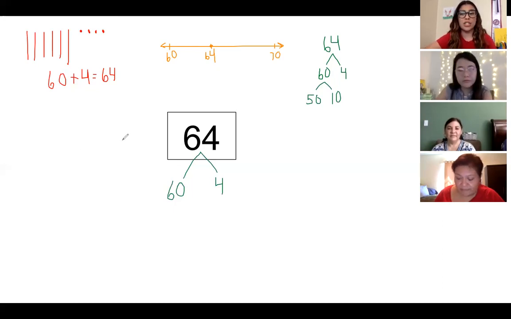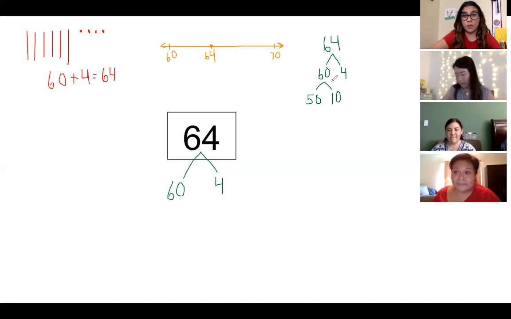But I want us to challenge ourselves to decompose this number further. So just like Ms. Rosales, she found a different way to decompose 64 by adding a second decomposition with 60. So she went on and she decomposed the 60 into 50 and 10. Is there a different way we can decompose 64? Maybe like a third way?